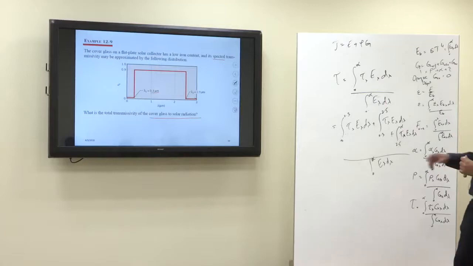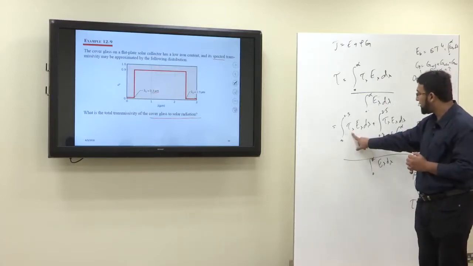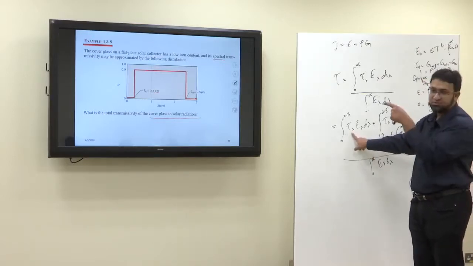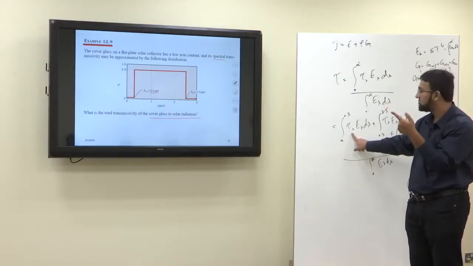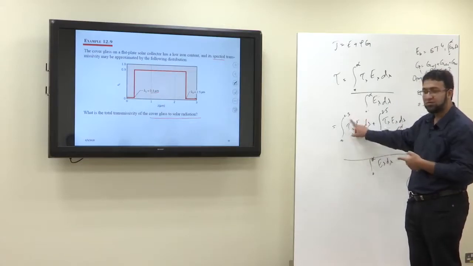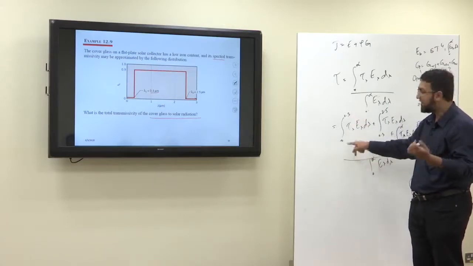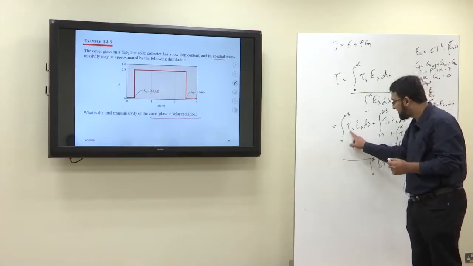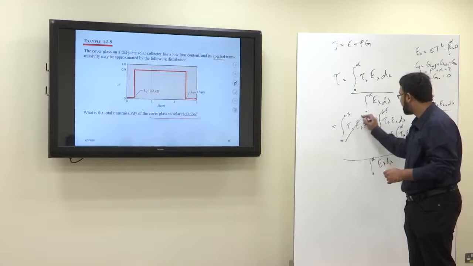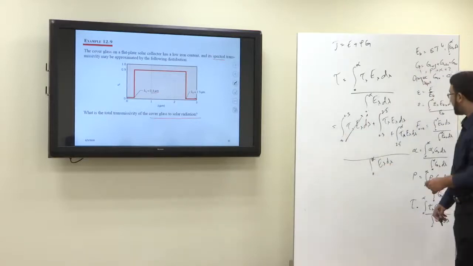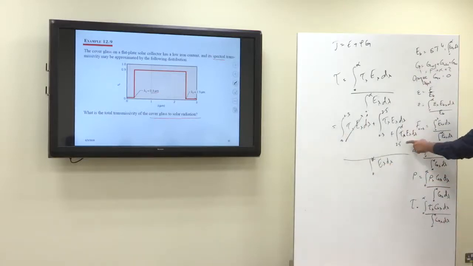Now for the portion 0 to 0.3, tau lambda is a constant. How much is it? Not 0.9, from 0 to 0.3 it is 0. Since it is a constant, it comes out, but anything multiplied by 0 is 0, so this will be cancelled. What about 2.5 to infinity? Also 0, it will cancel again. What about the middle term?